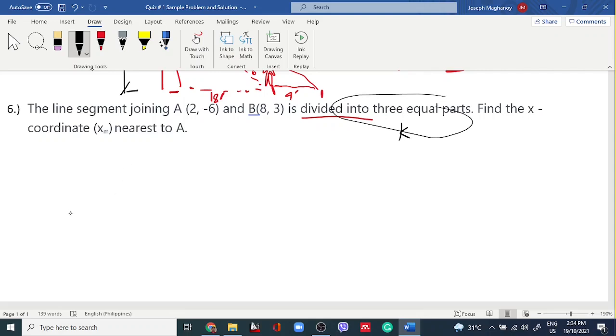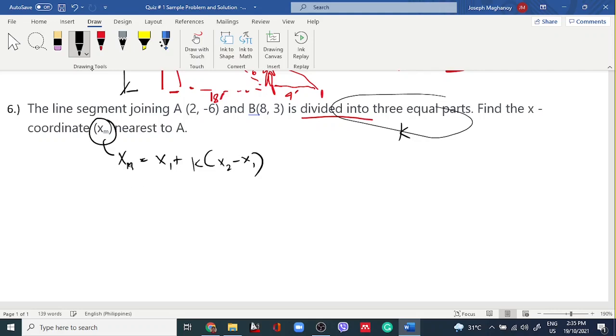If you can recall, if you review the video class discussion, in the midpoint of a line segment, you need to determine the value of your K, then you can use this formula. So in this case, since XM means midpoint, okay? XM, that is midpoint, is X sub 1 plus your K times X sub 2 minus X sub 1.